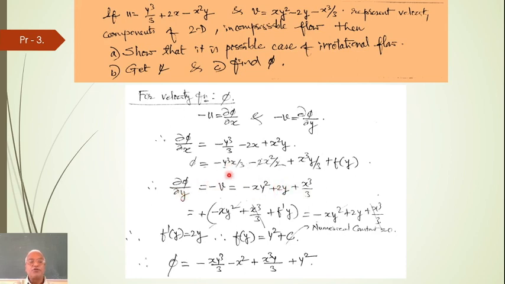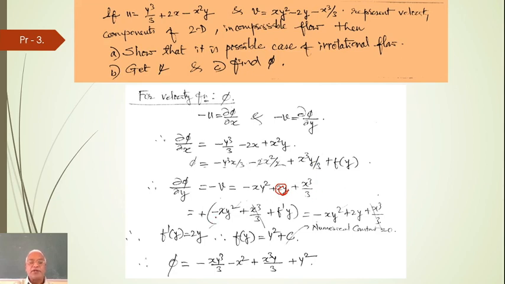Differentiation with respect to y: this first term is fine. Differentiation of this with respect to y should give you 0 here. This is 0. Differentiation with respect to y of x cube by 3 is fine. F of y becomes f dash of y, right?